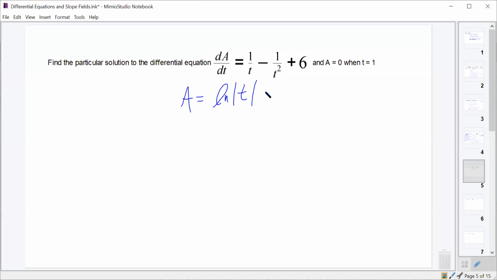I got plus 1 over t. It should be plus 1 over t because that's a negative t to the negative 2 to start with, right? And so that'll go up to negative t to the negative 1 and we'll divide by a negative 1. Oh, okay, I see. Good, everybody good with that?